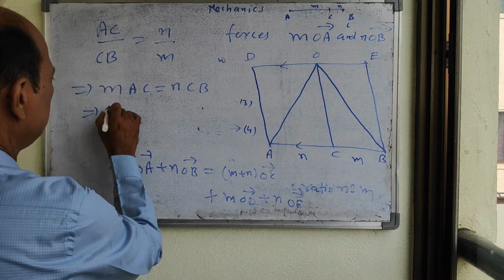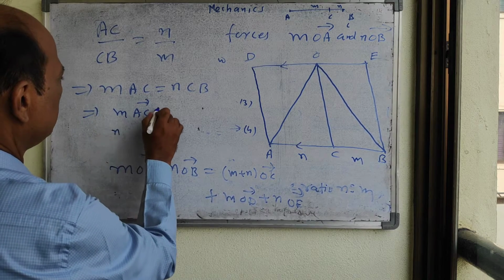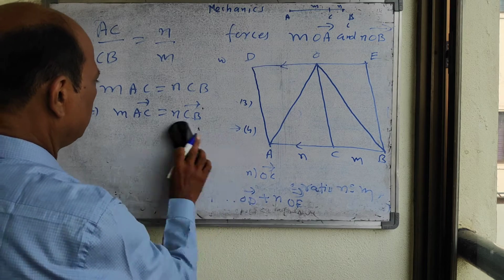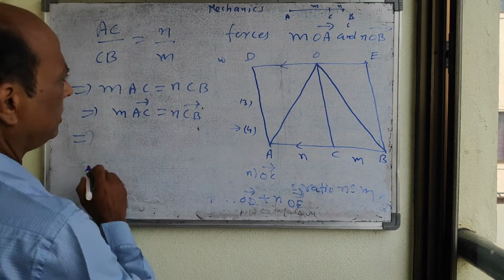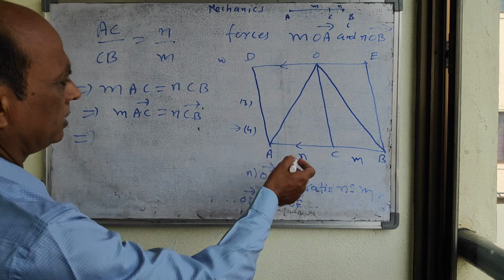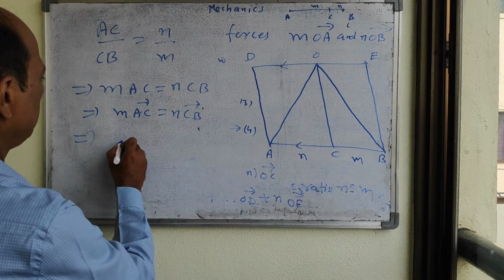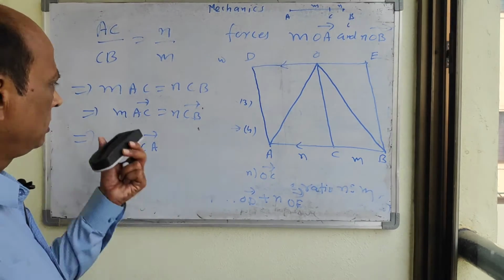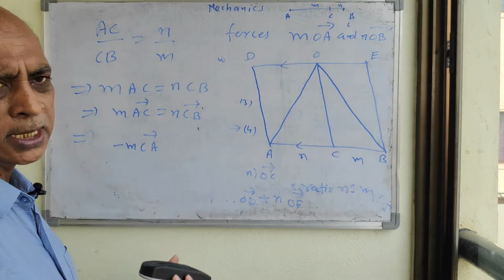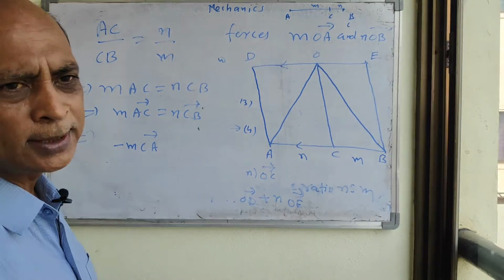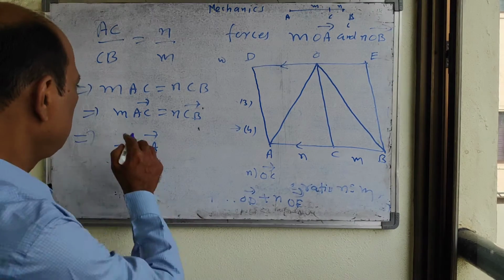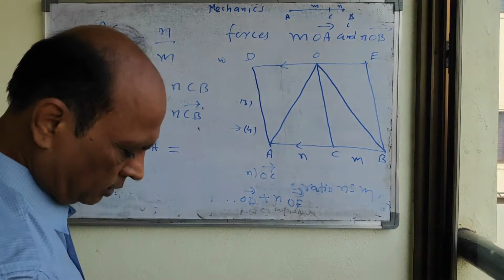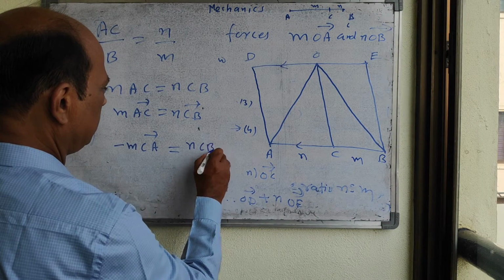This implies that m AC bar is equal to n CB bar. Now AC bar we can write as minus CA bar: we are changing the direction, and when we change the direction, the sign will change. So minus m CA bar is equal to n CB bar.